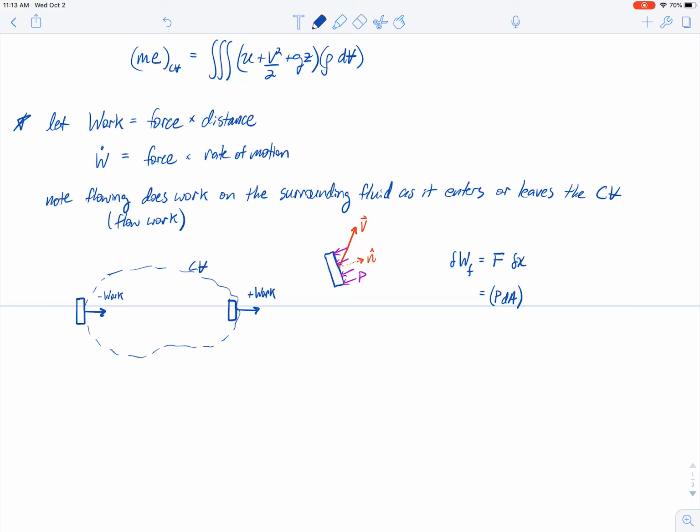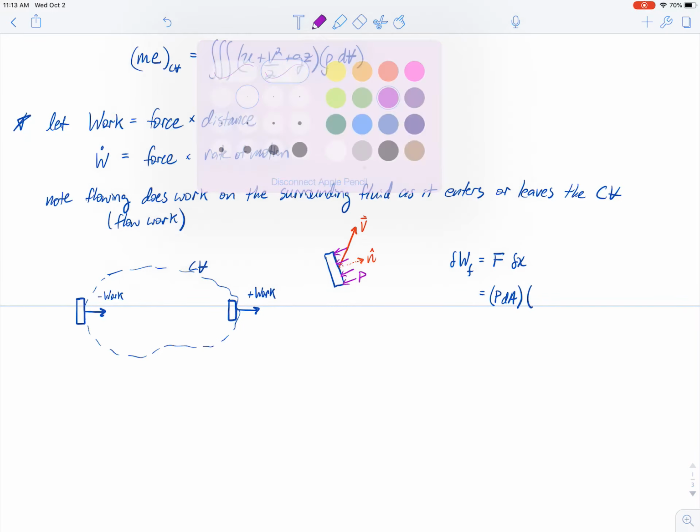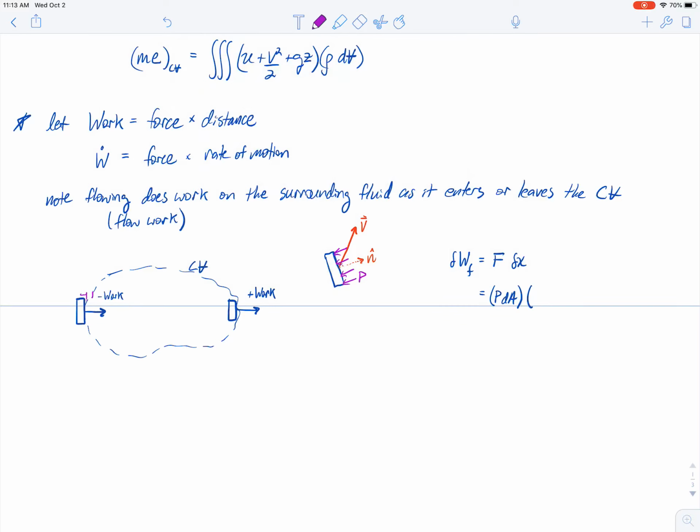And then the displacement, well, the displacement as it pushes its way in and out, that differential distance is going to look like the dot product of the velocity vector with the normal vector. In other words, the normal velocity component multiplied by the differential time.